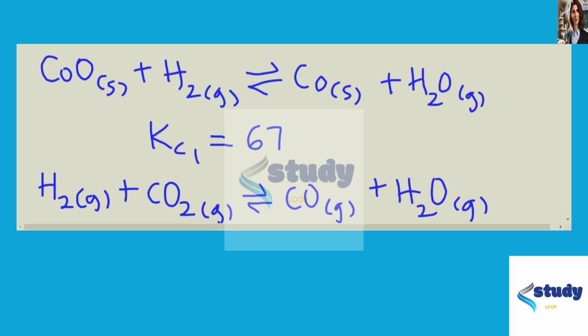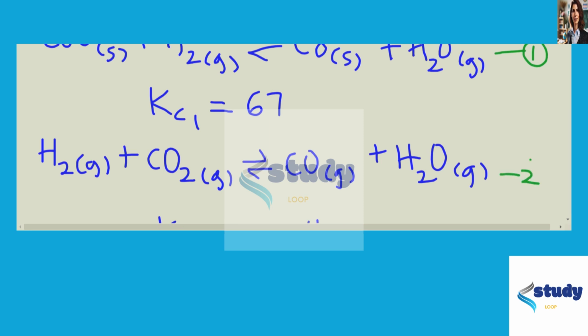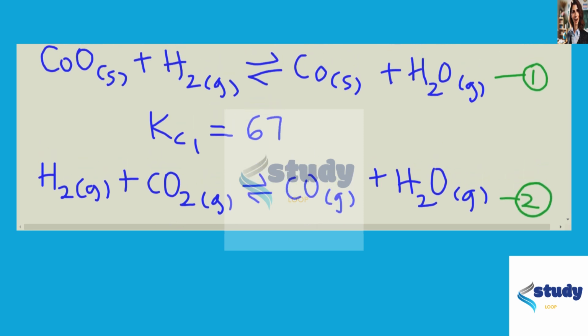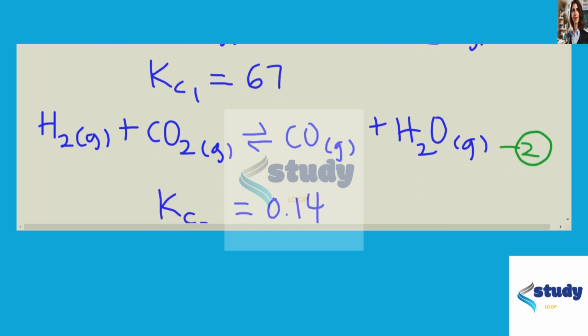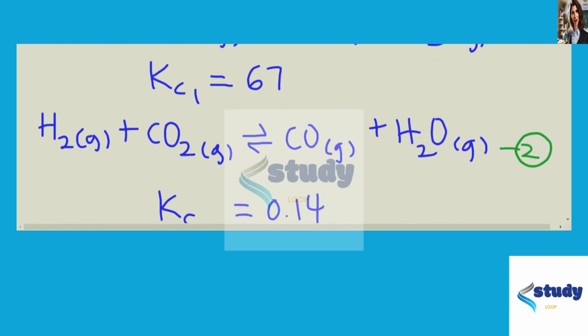In this question, we are provided with two preliminary equilibrium reactions that I'm going to label 1 and 2 first. And we are also given their equilibrium constants. So I've labeled them Kc1 and Kc2, unlike in the question, so I can distinguish between them.